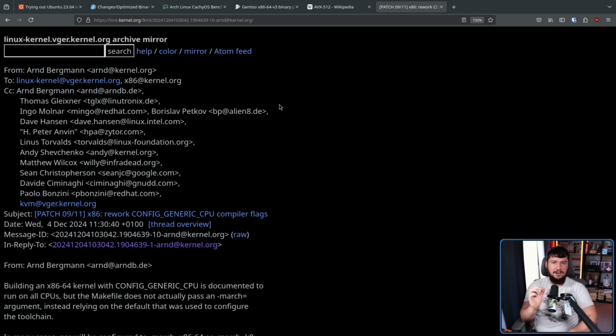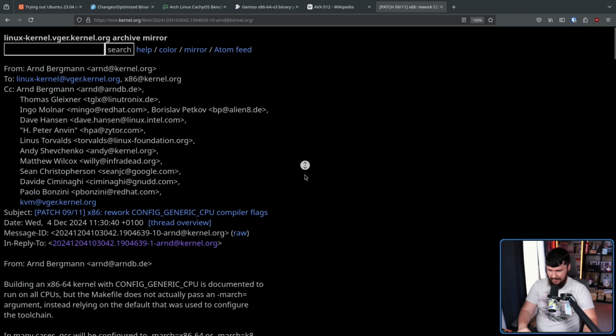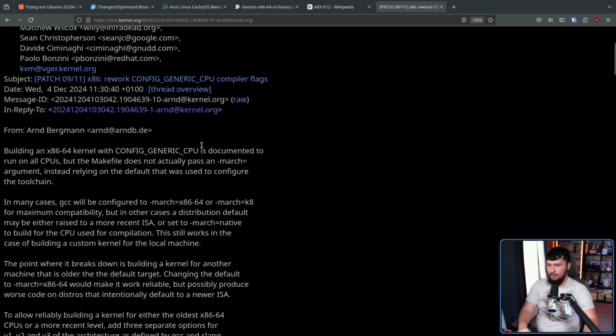Now, the patch we really care about is patch number 9, rework config generic CPU compiler flags. "Building the x86 kernel with the config generic CPU is documented to run on all CPUs, but the makefile does not actually pass an march argument, instead relying on the default that was used to configure the toolchain."